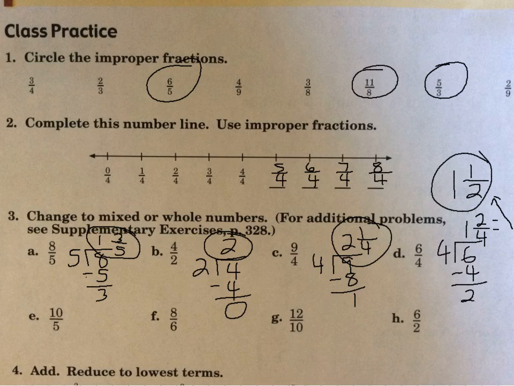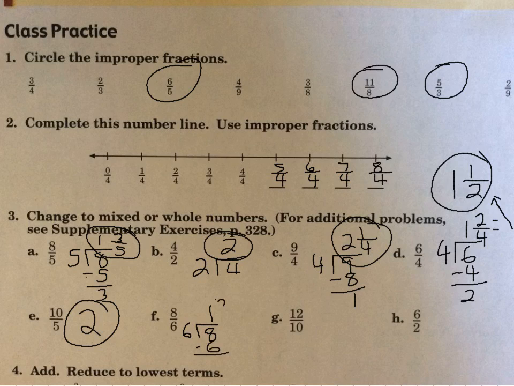E, 5 goes into 10 two times. I'll let you just write 2 and circle it. F, 6 goes into 8 one time. I'm going to erase some of that old problem so that's out of our way here. 6 times 1 is 6. We subtract and we get 2.